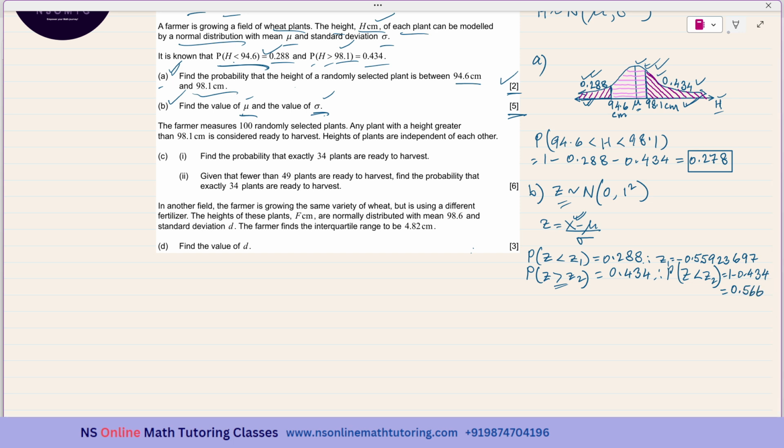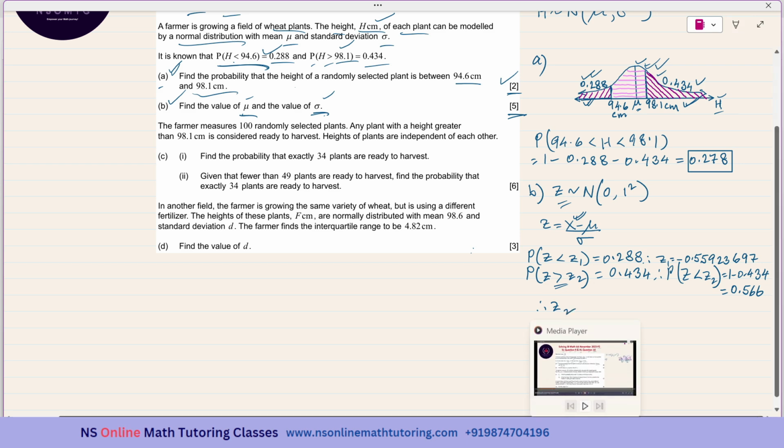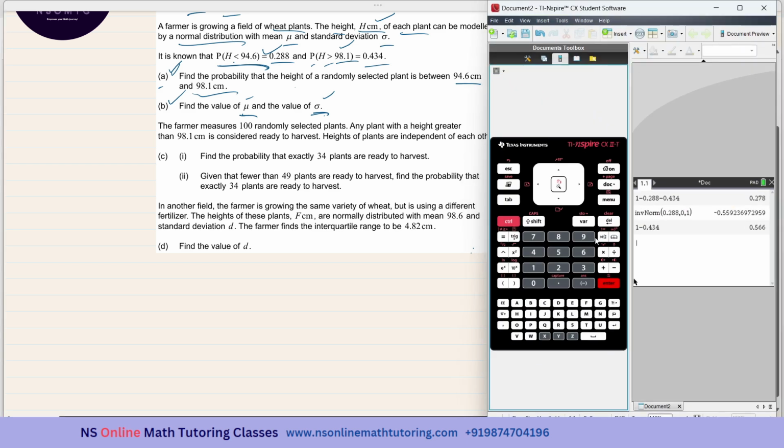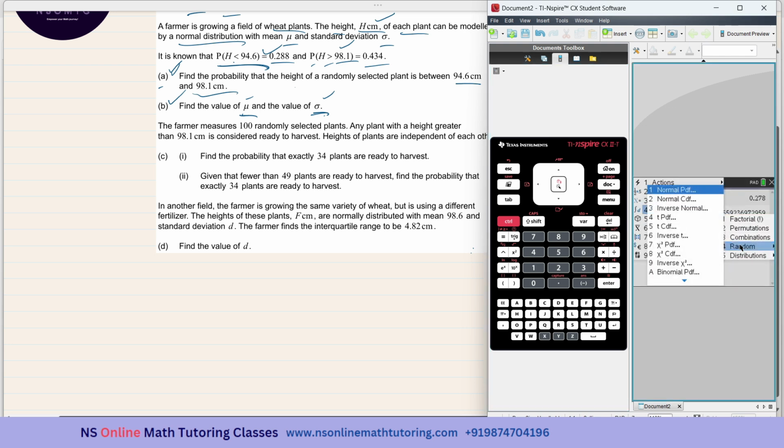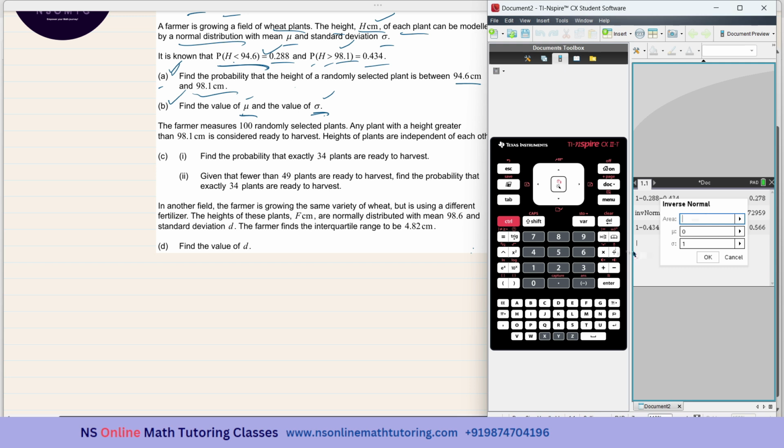Okay. So let us now find the Z2 value. Therefore, Z2 equal to menu, probability distributions and then inverse normal, 0.566, mu 0 and standard deviation sigma is 1.